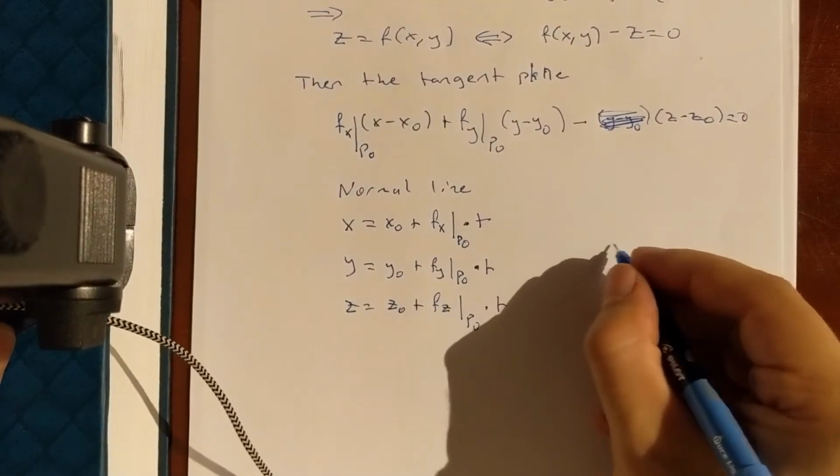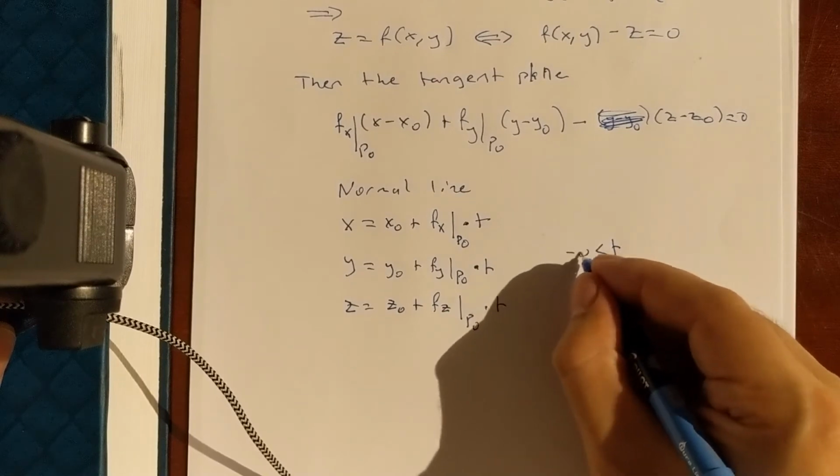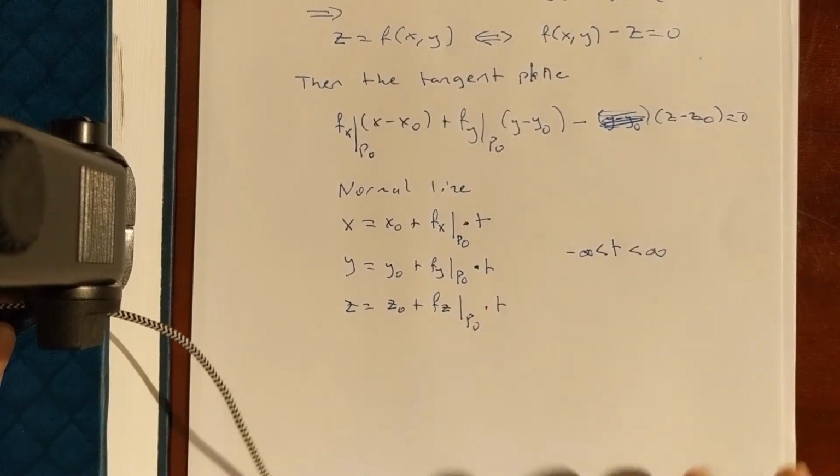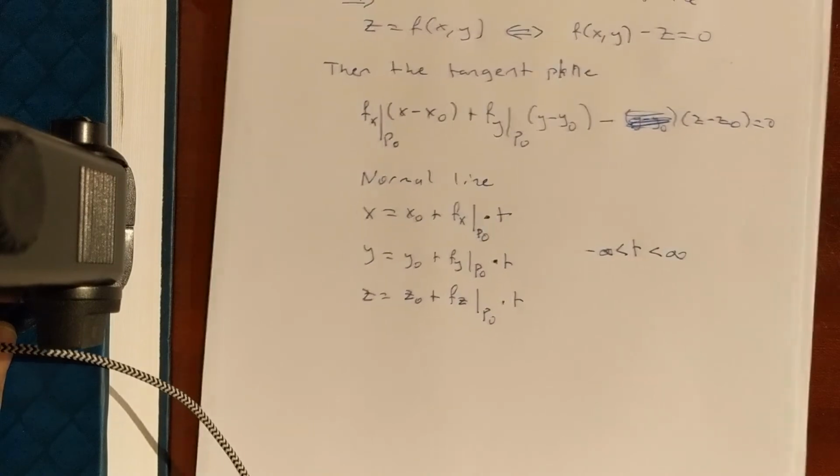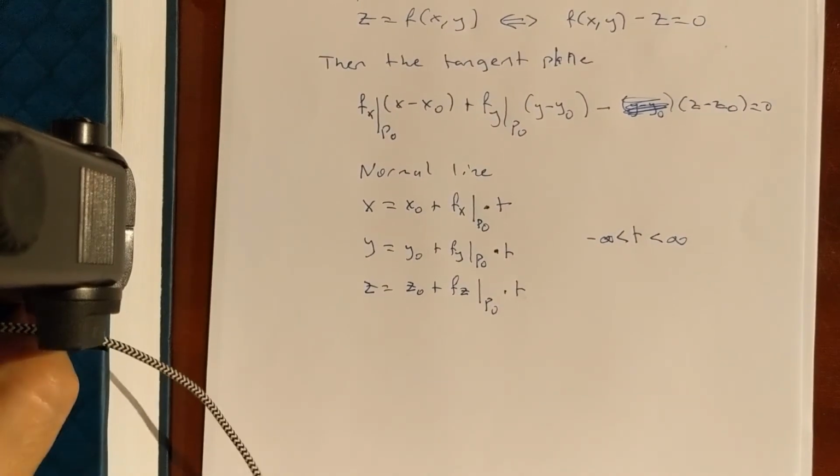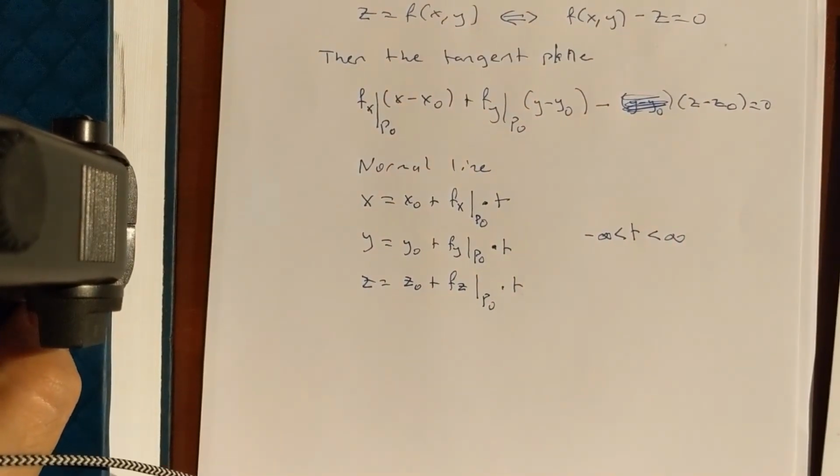Of course, because these are lines, t is between negative infinity and infinity.